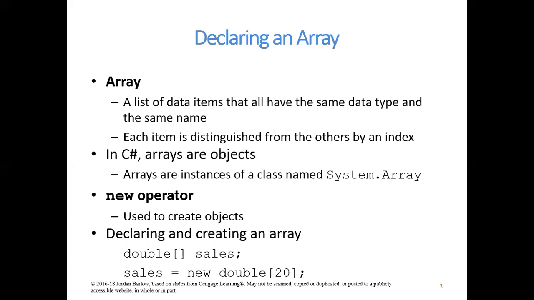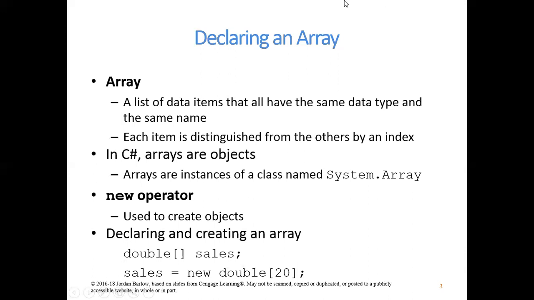So in this case, we created an array of doubles called sales. We declared it, and then on the next line, we create it by using the new keyword. So sales equals new double array of size 20. The number inside the square brackets is how many items are allowed to be held in that array.